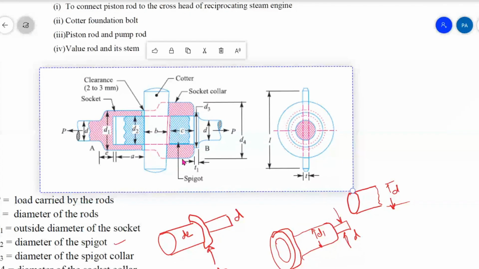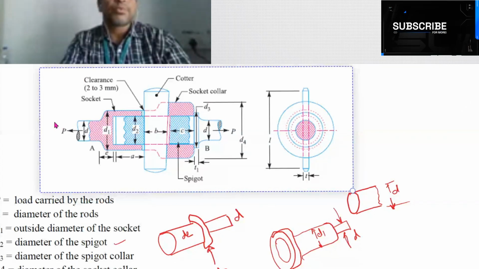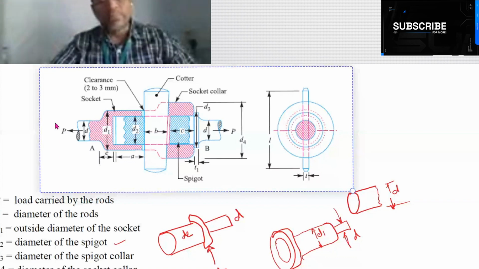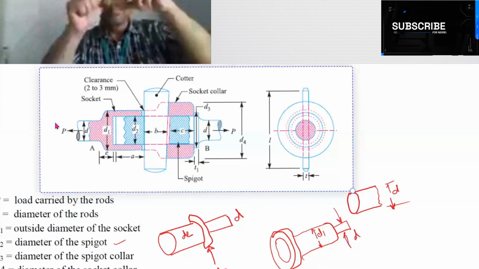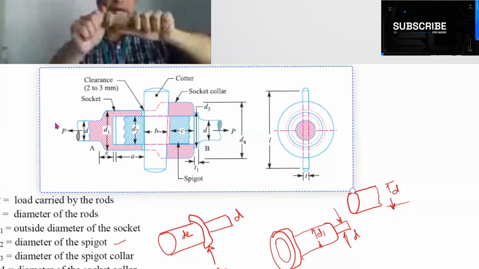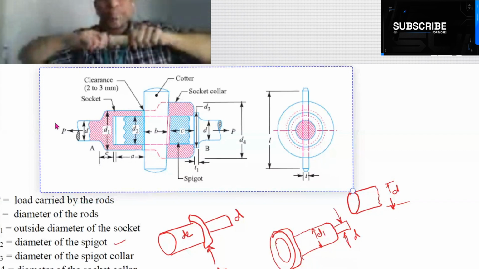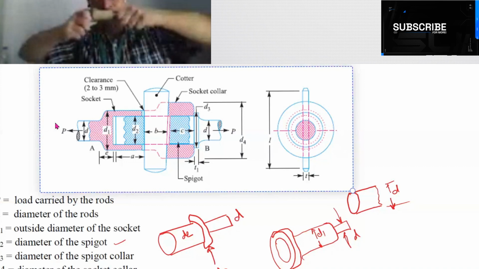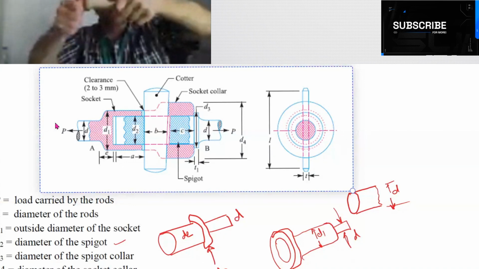see, when this rod is subjected to pull force, we are pulling the rod like this. That time, this rod and this spigot are one material, and it is one part. So when I am pulling the rod, the spigot is also pulled.